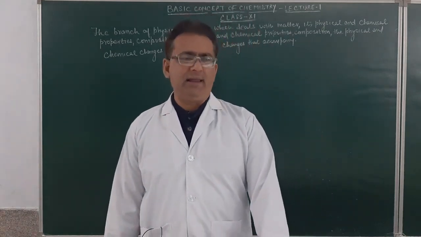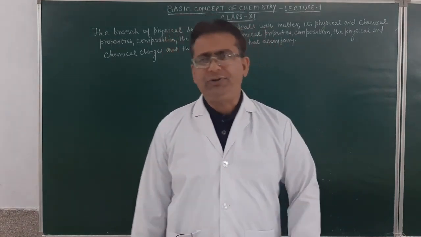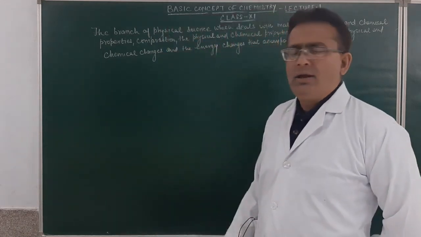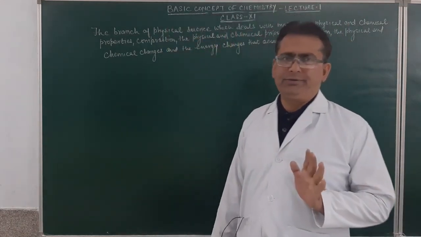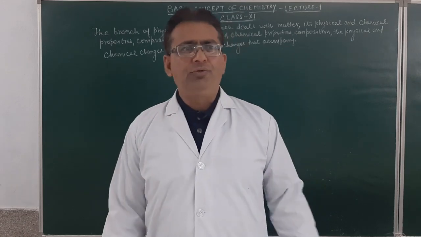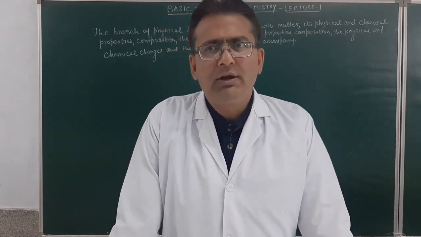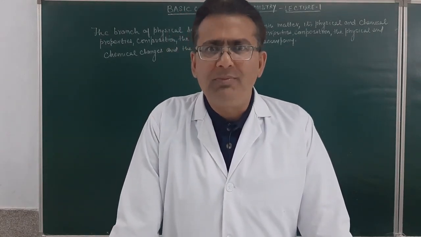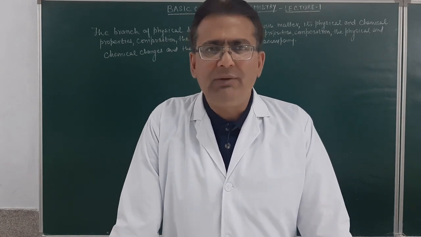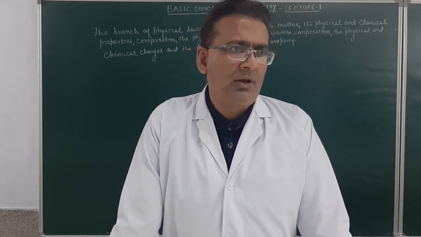Students in class 11th, in the chemistry subject, there will be a 100 marks paper. Out of this 100 marks, 70 will be theory marks and 30 will be practical marks.